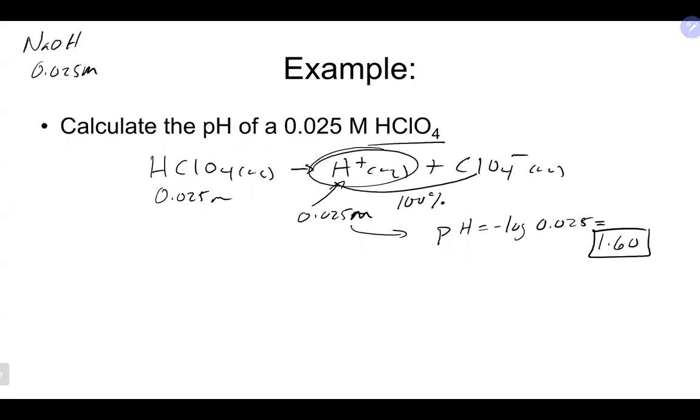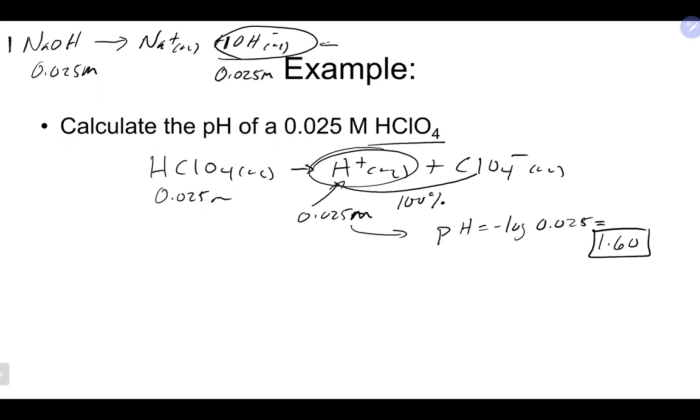Now, for example, if you had a base like 0.025 molar sodium hydroxide. Sodium hydroxide is a strong base, which means it would break apart into a sodium ion and a hydroxide ion. In this case, we would be interested in the hydroxide concentration because that will allow us to calculate not the pH, but the pOH, which will then allow us to get to the pH. It's a 1-to-1 relationship, which means the OH minus concentration would be 0.025.